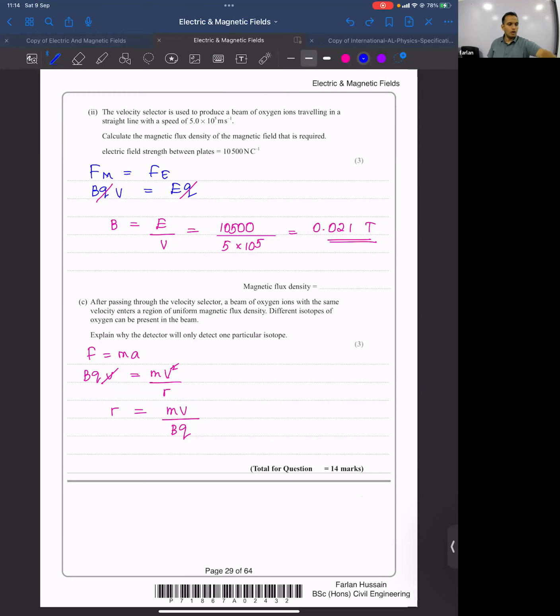Full stop. Only the particles with the correct radius will be detected by the detector.